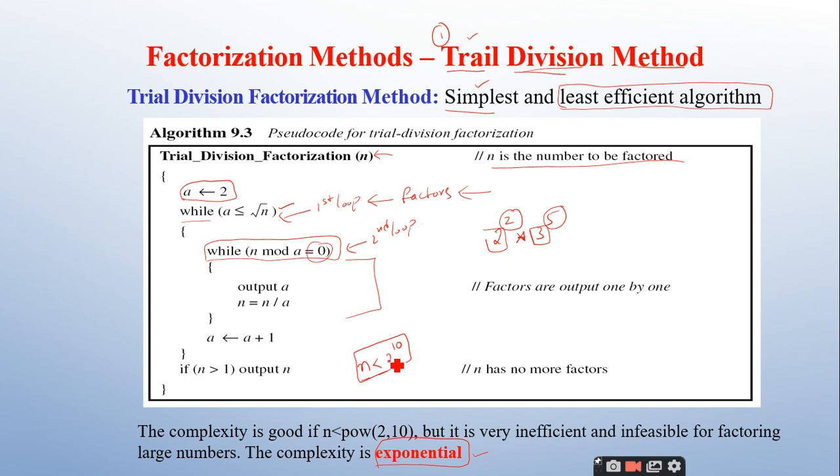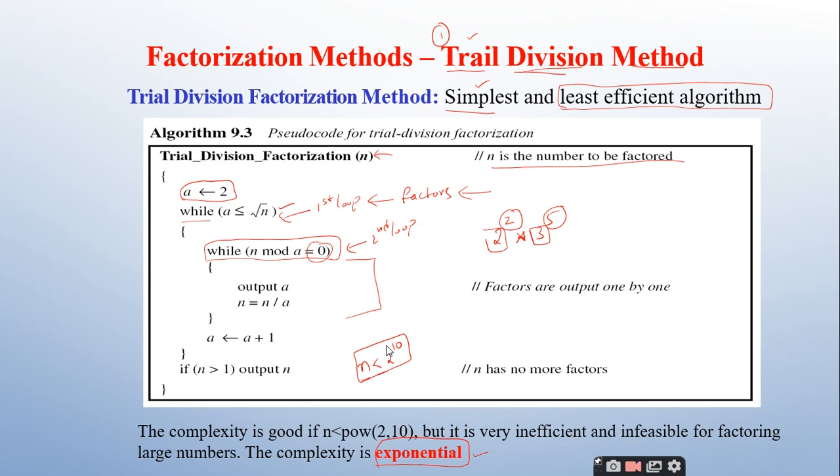Taking a small number and factorizing it is a very simple task that every algorithm will satisfy. But the numbers we are going to use in cryptography systems are very large. Factorizing large numbers is a very tedious task, and till now there is no efficient algorithm to find the prime factors of a very large number.